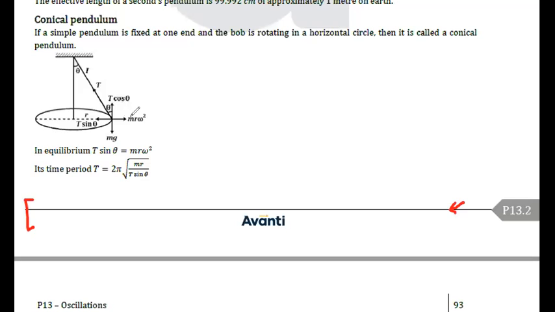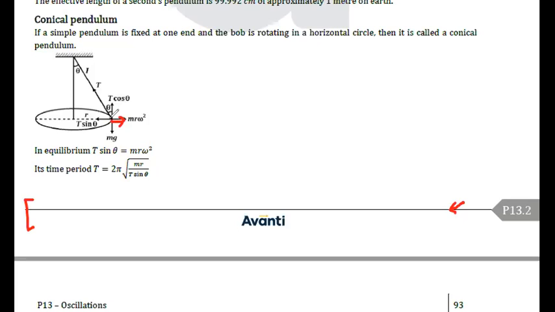Now, the only thing that changed over here is that it is rotating in a circle. So the force will be mv square by r, or m r omega square. You can write any of the two. It will have two components: the downward force mg and the tension. So think about it. In this case, the force which is directed toward the center is T sine theta, the component of tension, and T cos theta is equal to mg.